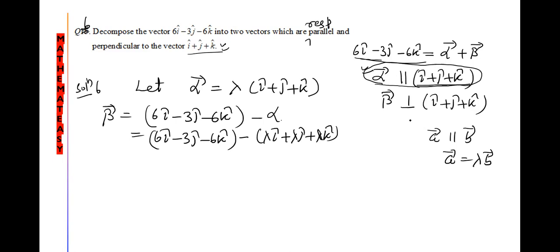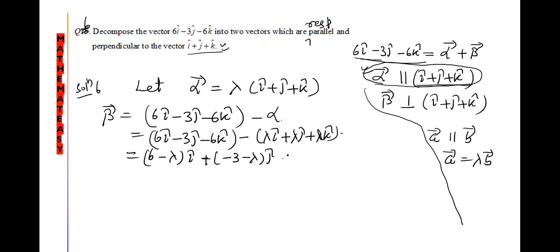I can write it in component form: 6 minus lambda into i cap, then minus 3 minus lambda j cap, plus minus 6 minus lambda k cap.